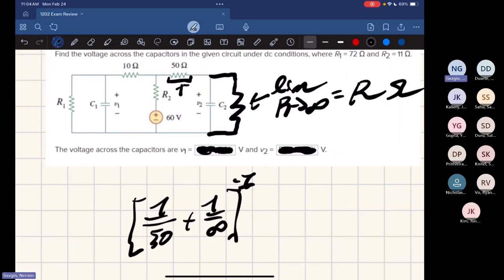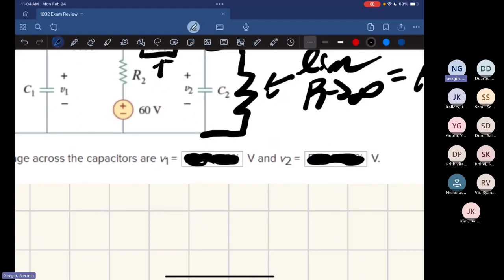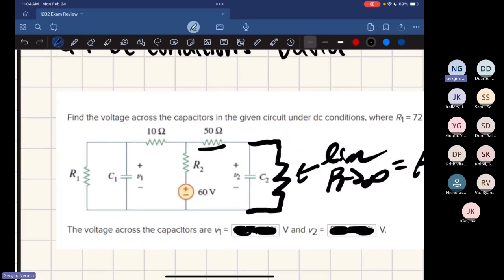No current is going through, so the voltage of this point right here is equal to this point. They haven't done op amps yet, have they? Okay. So the voltage of those 2 points is equal, so really we can just ignore that resistor.